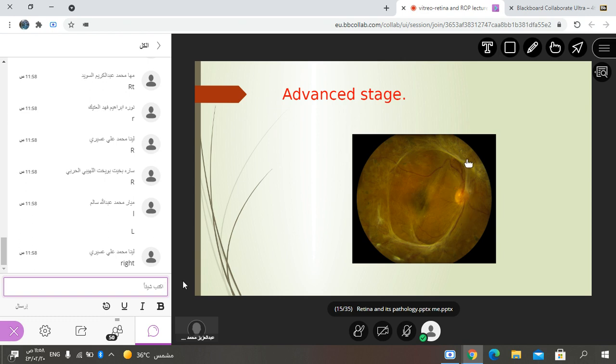What you can see is there is fibrosis. There is a whitish structure in front of the retina that is pulling the retina. You can see the disruption in the foveal area, in the macular area. The macular area is not so smooth here. Okay.